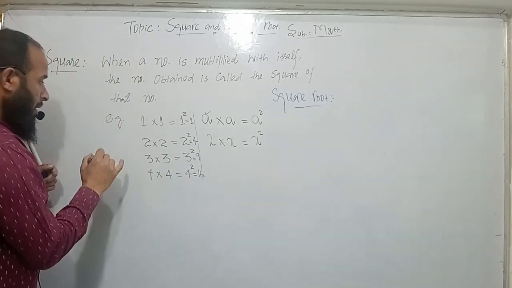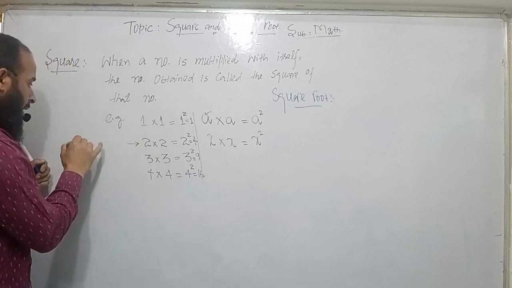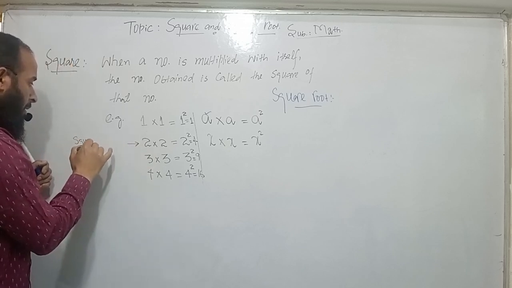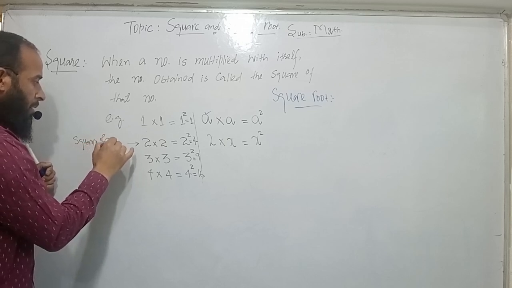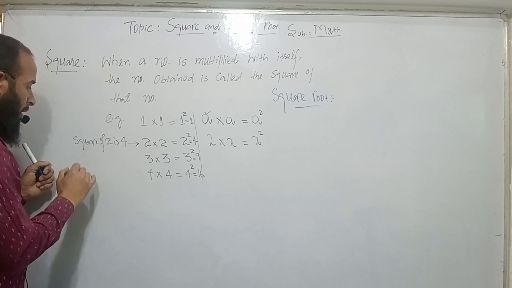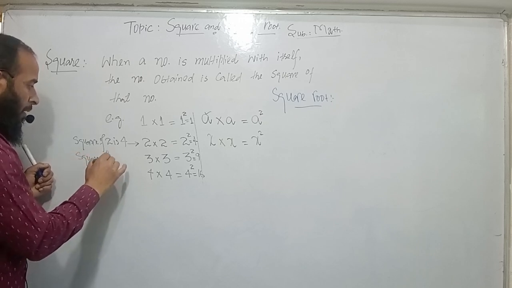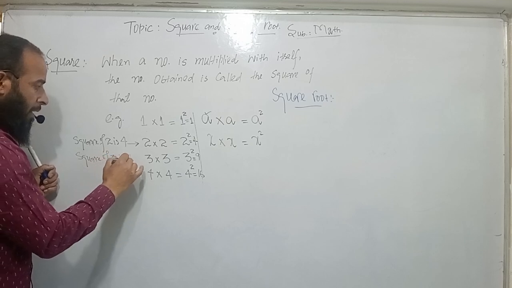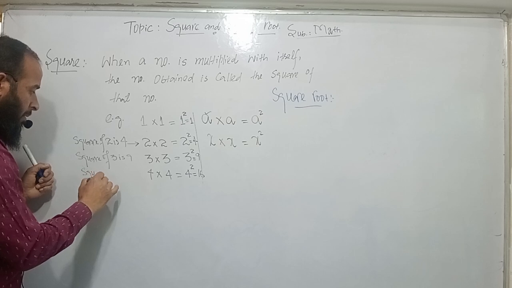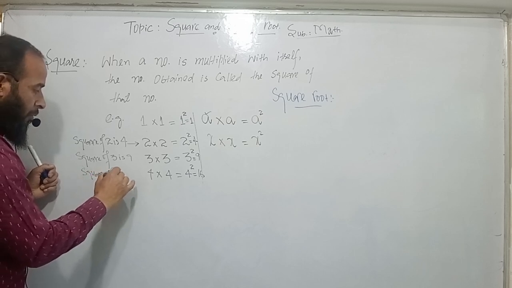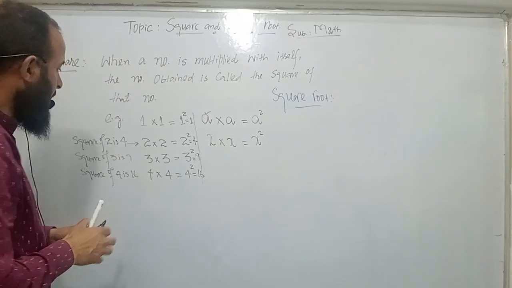We can write square of 2 is 4. Likewise, square of 3 is 9. Okay, square of 4 is 16. Got it?